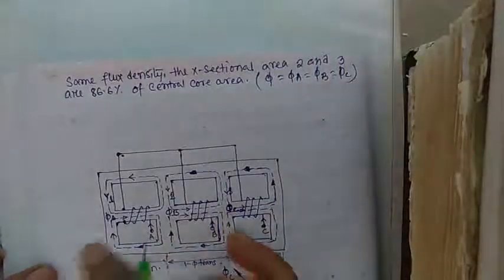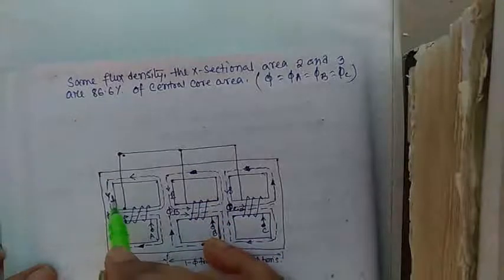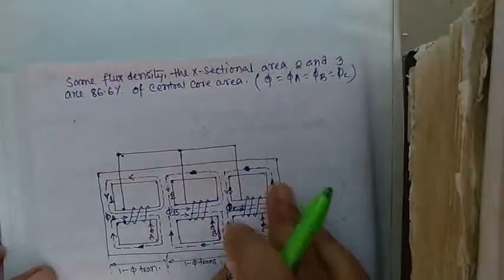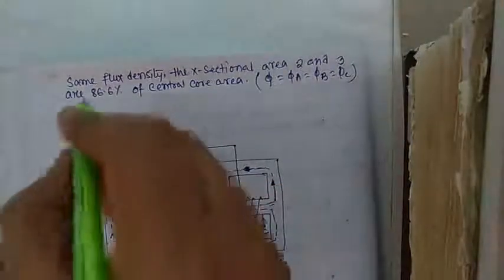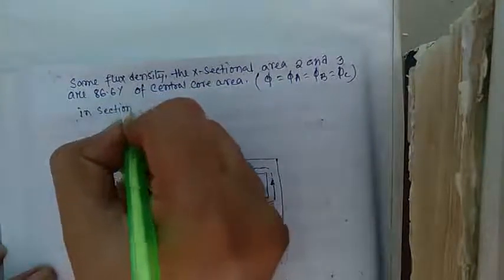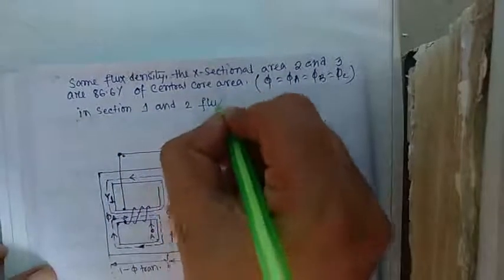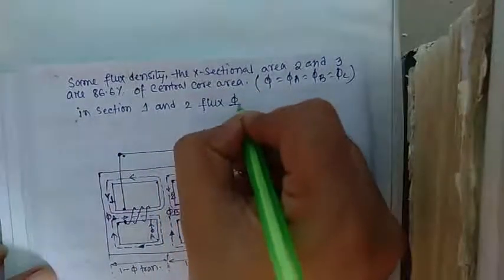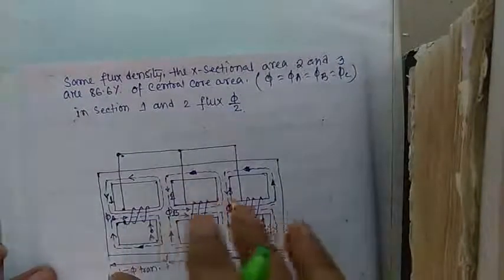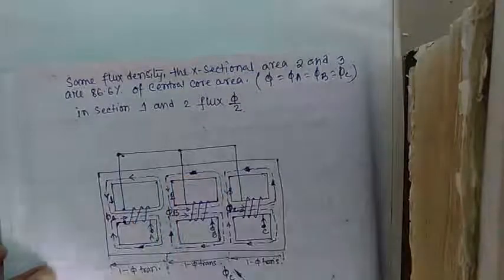Again, in section 1 and section 4, the flux is phi by 2. So their area is 50% of the central core area.